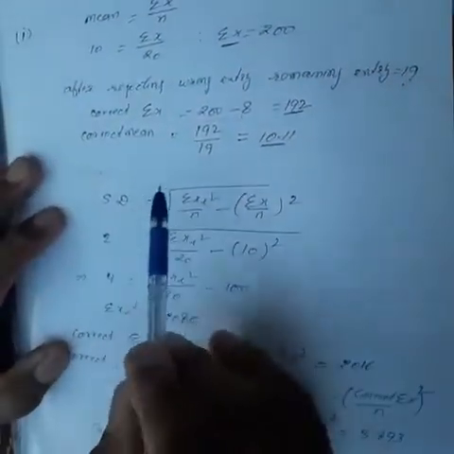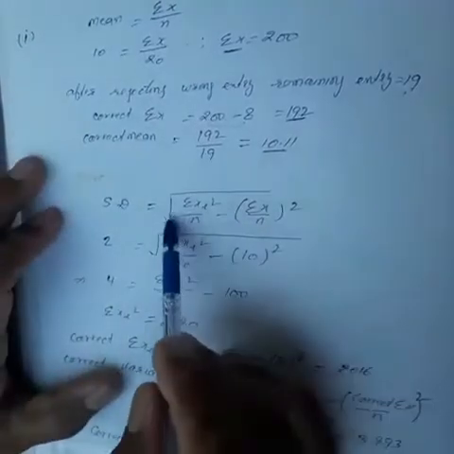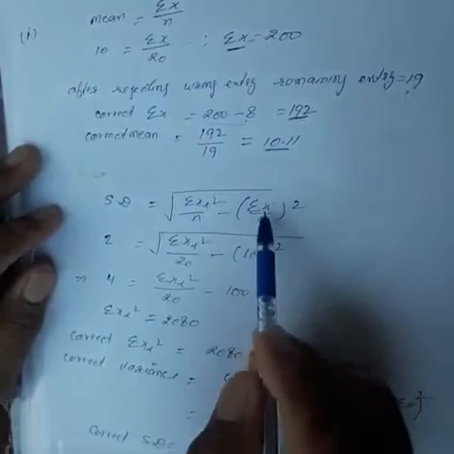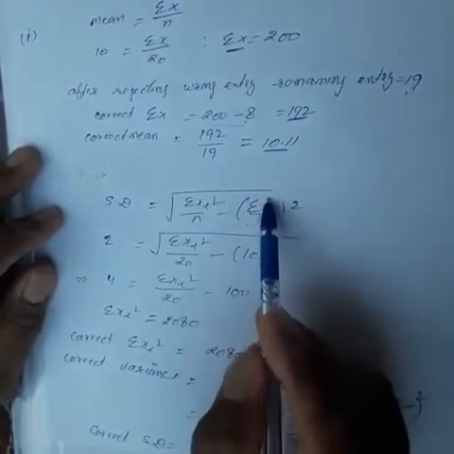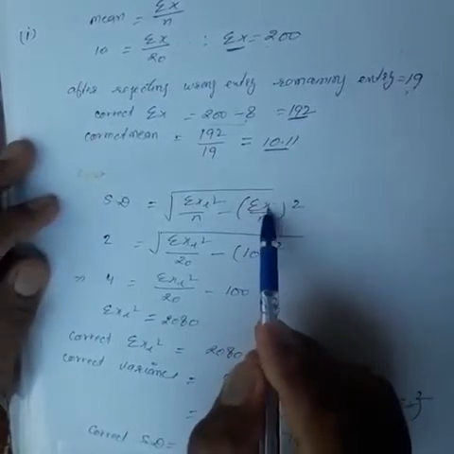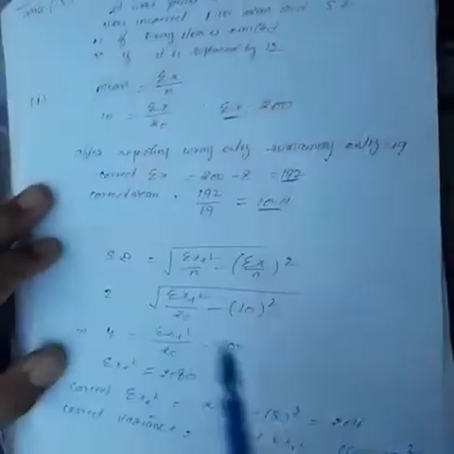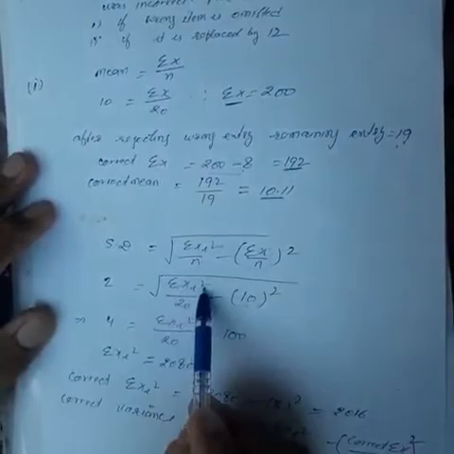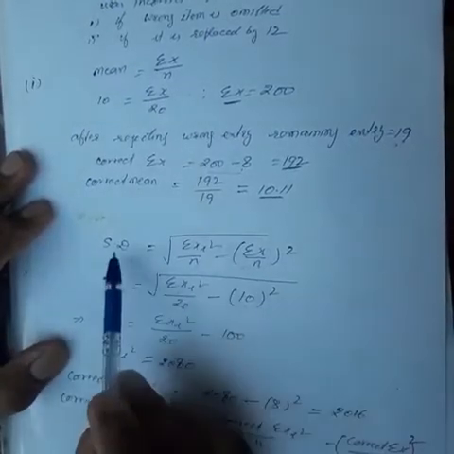Now standard deviation, this is the formula, summation of xi square upon n minus summation of x upon n whole square. We know this is also x bar or mean of x. So mean of x is given 10. So you can write down 10 in place of this. Summation of xi square, n is 20, and standard deviation is also given 2.